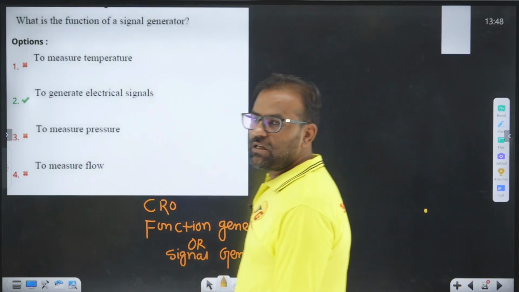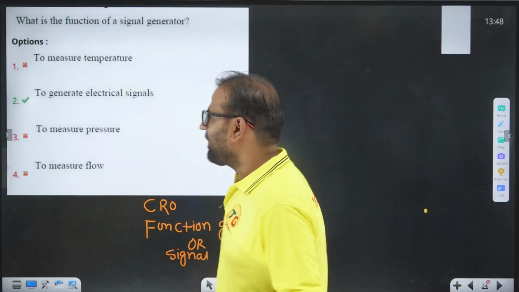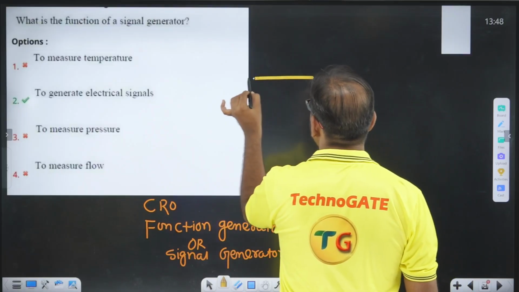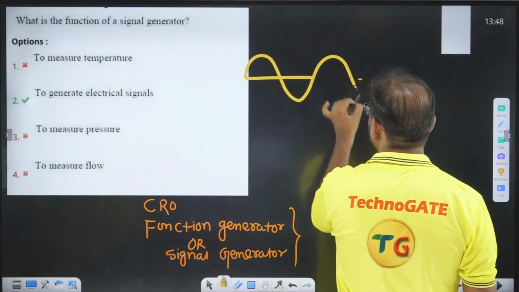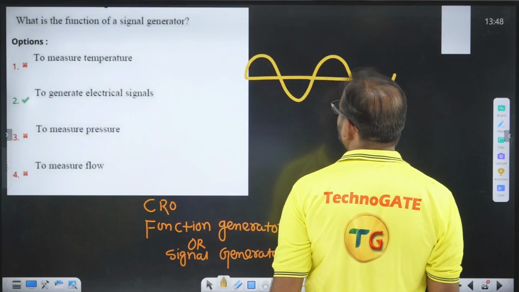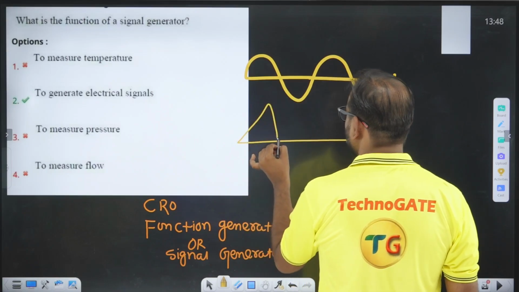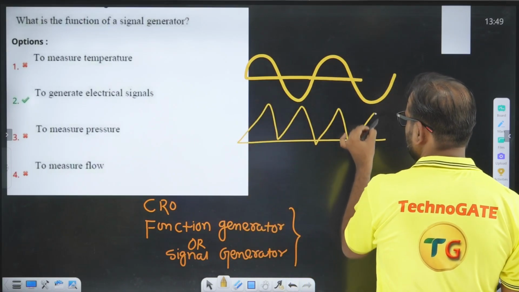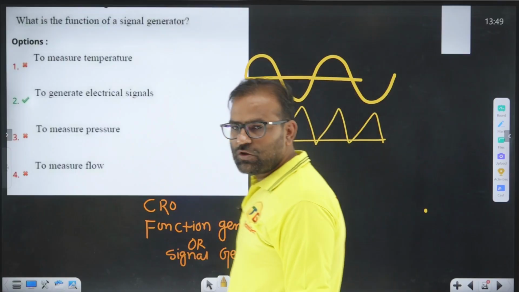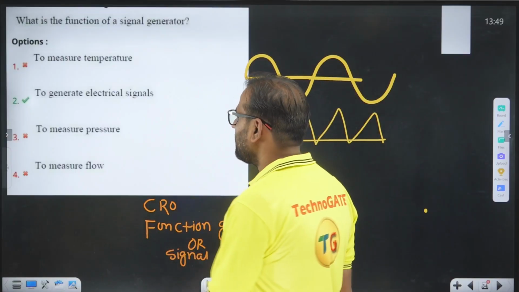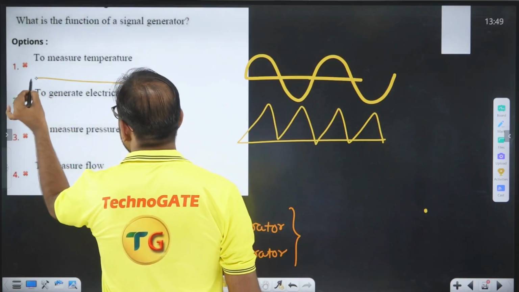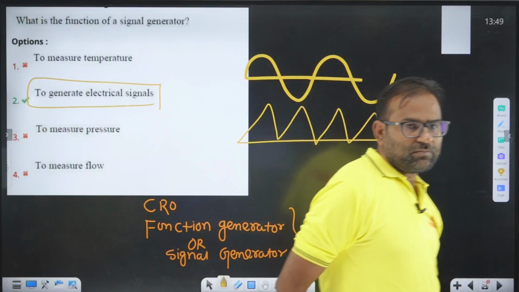The signal generator is used to generate the waveform for your testing. Which type of waveform? You can have a sinusoidal waveform, a square waveform, or a sawtooth waveform. All types of waveforms are available in the function generator. So why do we use this? To generate the electrical signals.